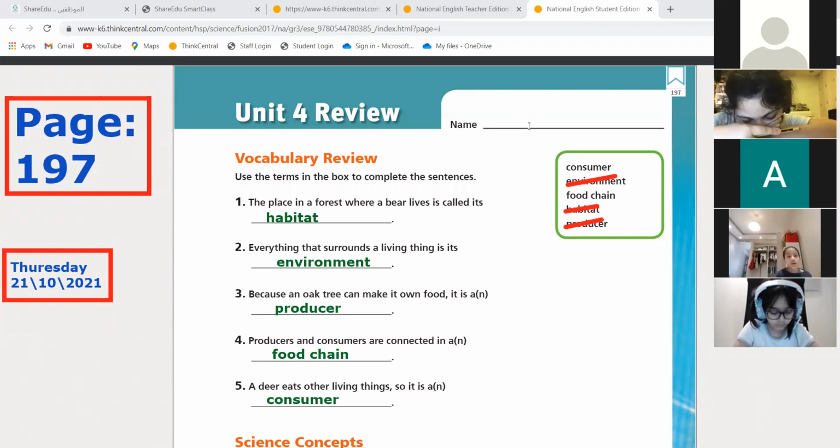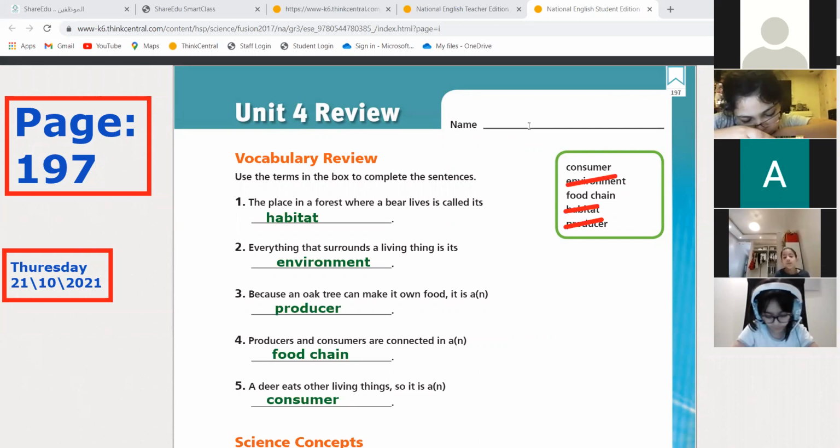Is it the animal that eats the plants and the living things? What about living things that break down dead organisms for food? Do you remember? Okay, thank you, Lamar. You can try again later.